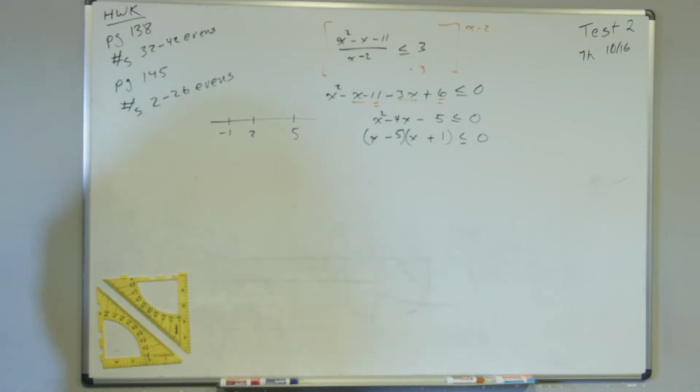Put a negative. Let's check it. Plug a negative 2 in there, and we get negative 7 times negative whatever. Is that less than 0? Yes. Plug a 0 in there. Negative times a positive. Is that less than 0?